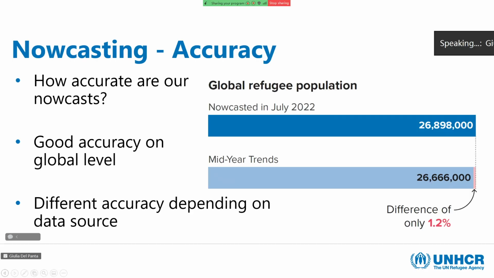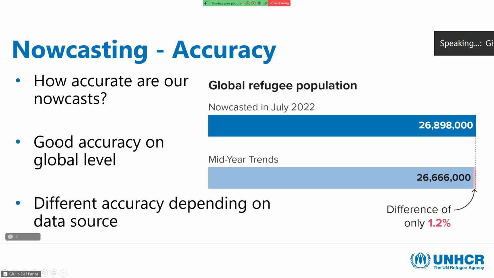But one of the important things to think about is the accuracy, because our nowcasts aren't really valuable if they don't match up at all with the global and mid-year trends. So we always check the accuracy by comparing what we nowcasted and what eventually comes out in the mid-year or global trends. The last comparison we did was with the mid-year trends.